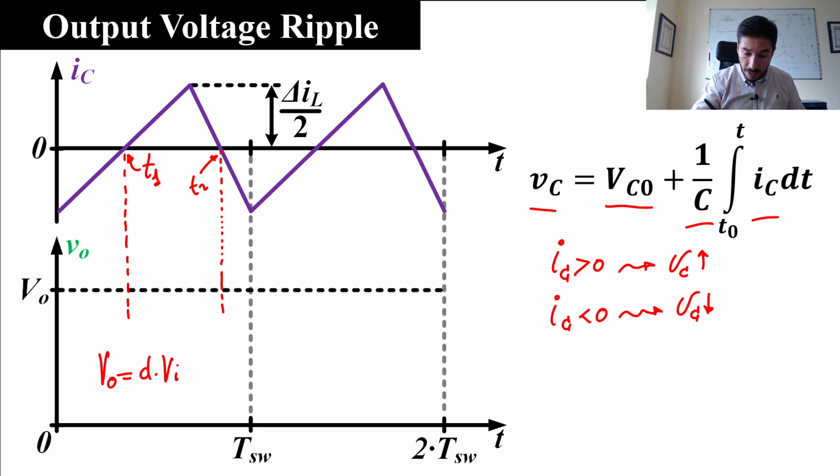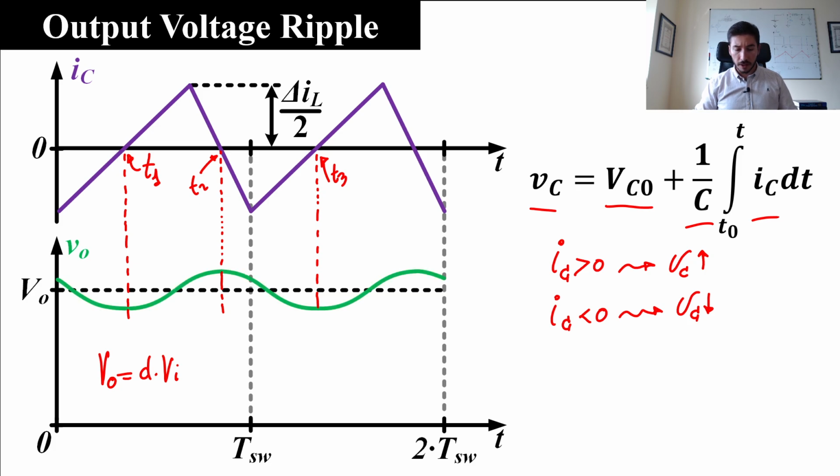After T2, the voltage falls because the capacitor current is negative, and it will fall until T3. Okay, so now we can try to draw the output voltage. It will be something like this. As you can see, between T1 and T2, the voltage rises, and between T2 and T3, the voltage falls.